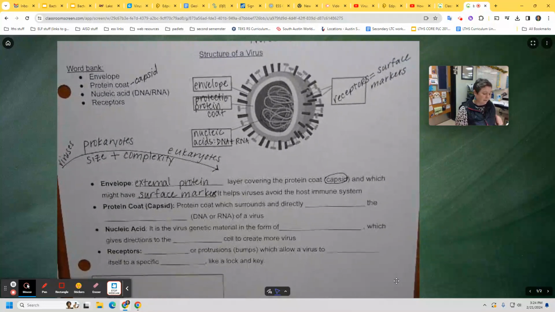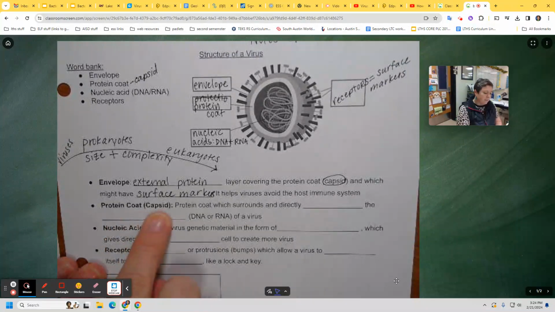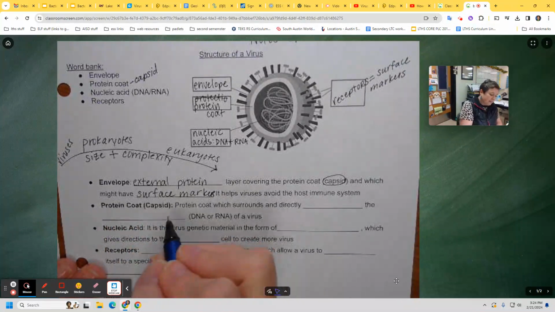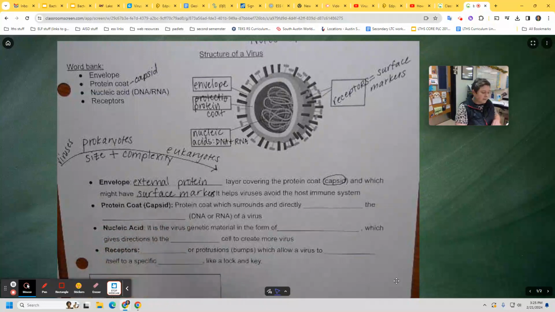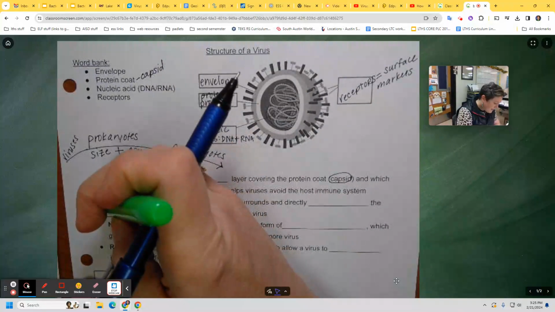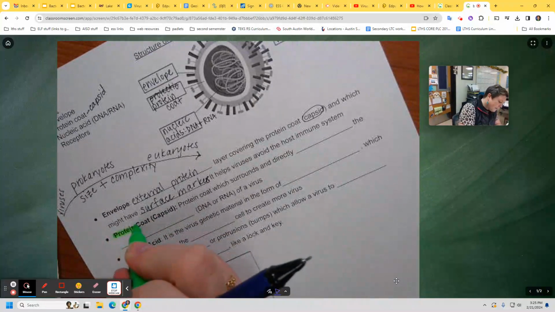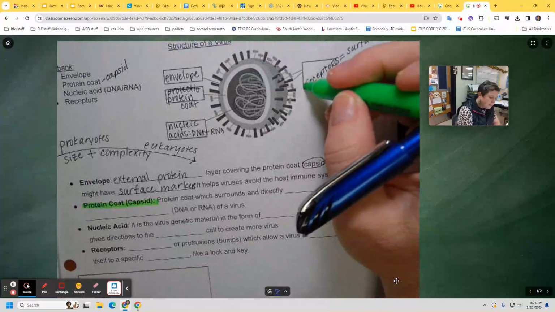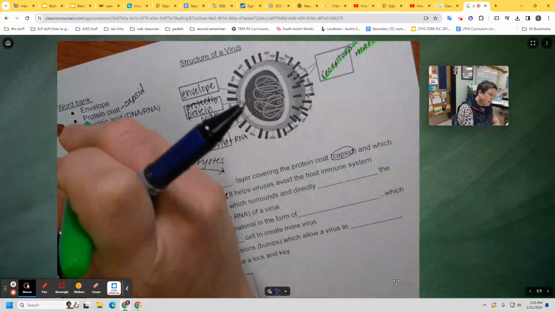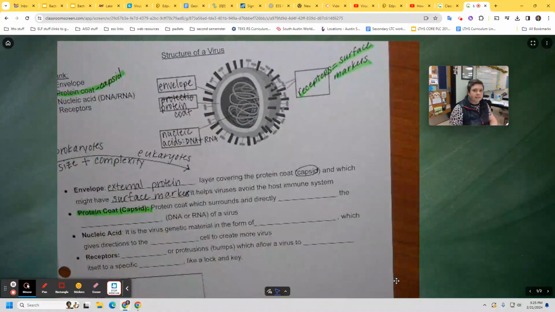You're going to see both of them on a test. Then we have the protein coat and capsid, right? You can see that those are the same. They have them right next to each other here. I'm going to highlight that. You guys know I love to highlight. Receptors, surface markers, protein coat, capsid.